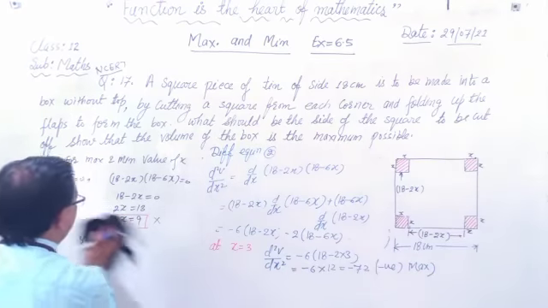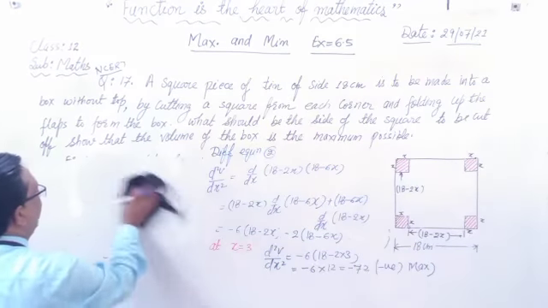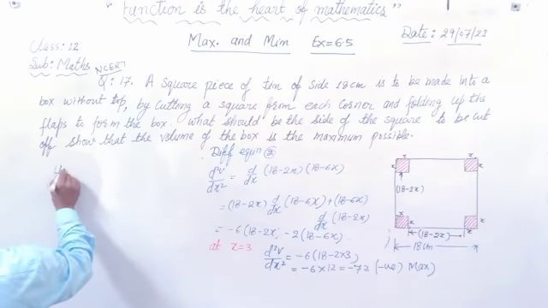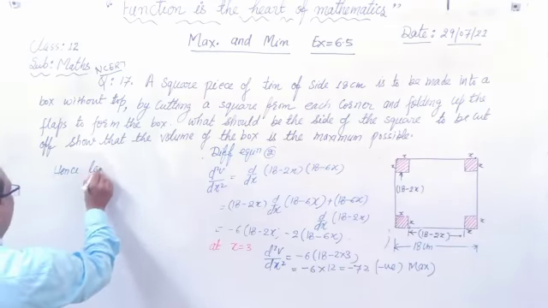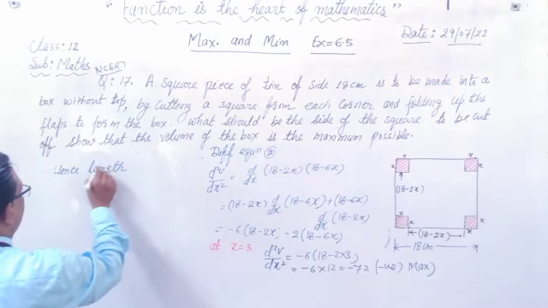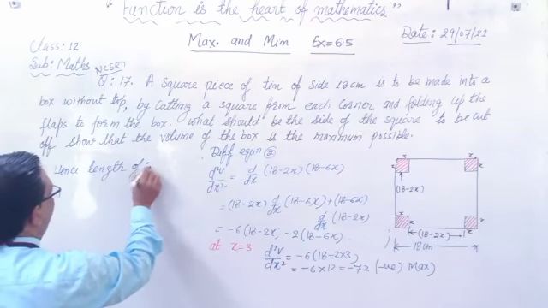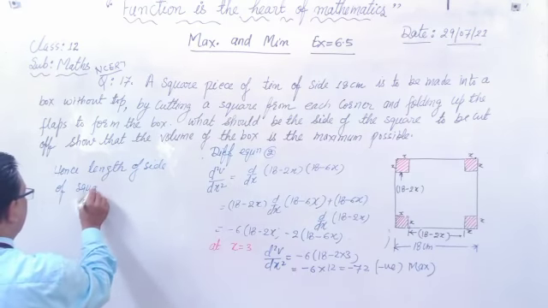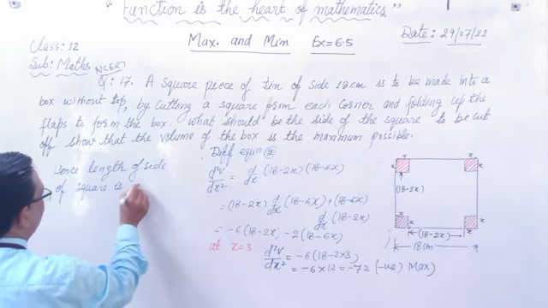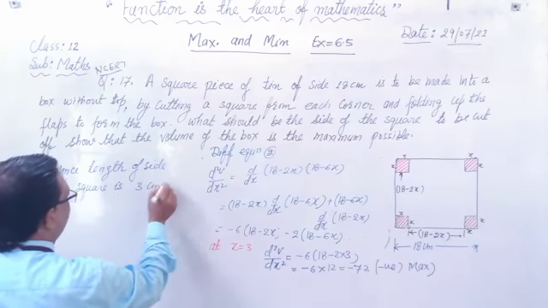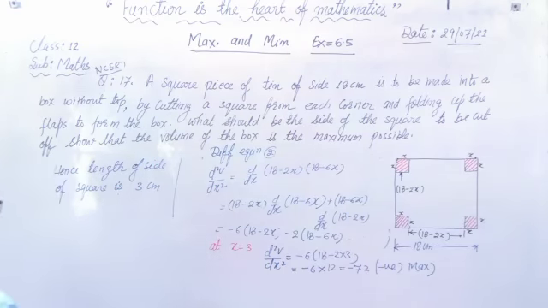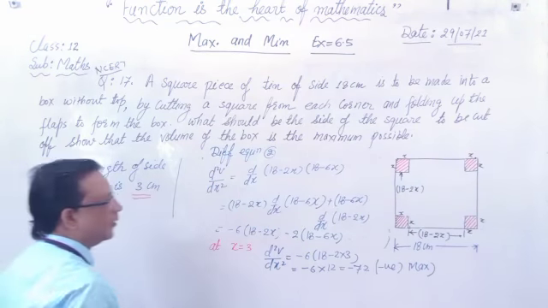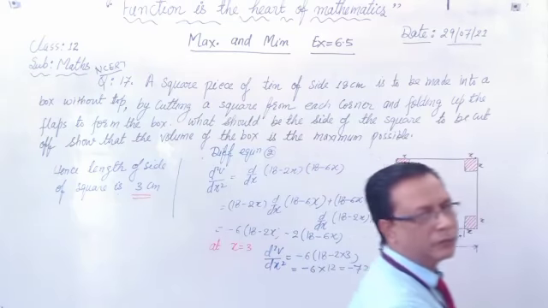Hence the length of the side of the square is 3 centimeter. So student, this is your final answer. This is your final answer, and this is a very good question of your NCERT book.